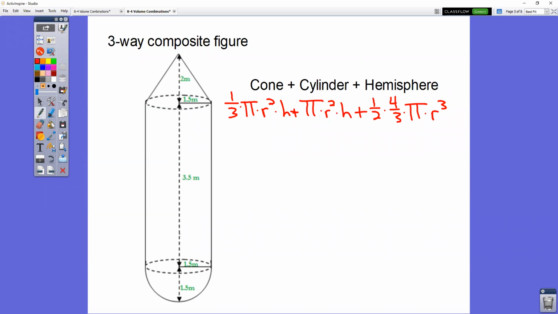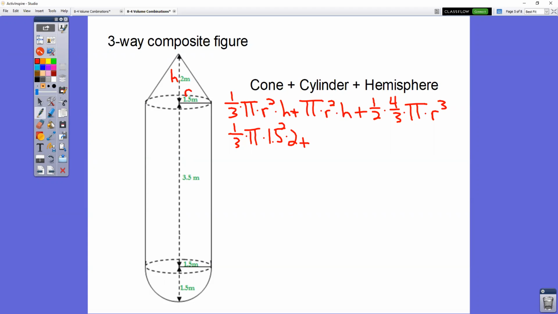Taking a look at our picture and identifying the parts and pieces from the picture. For our cone, the 2 is your height. The 1.5 is your radius. So I'm going to have 1/3 times pi times 1.5 times 2.